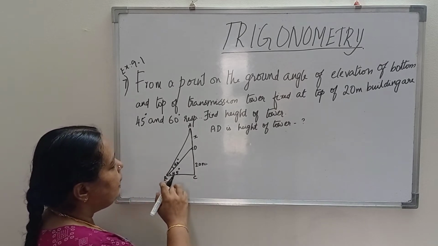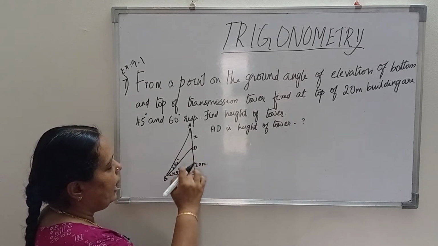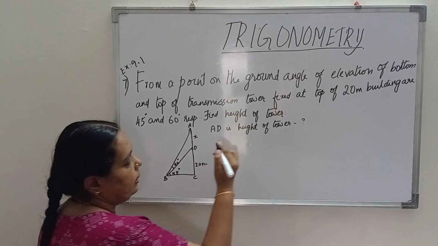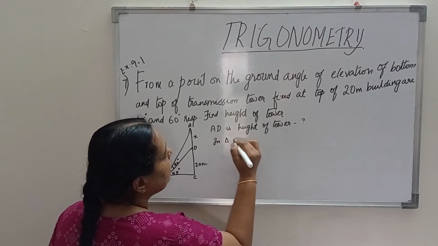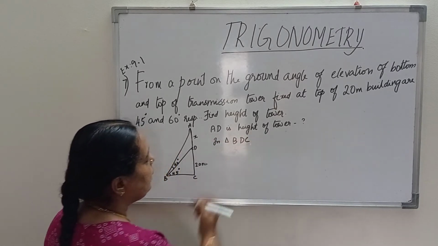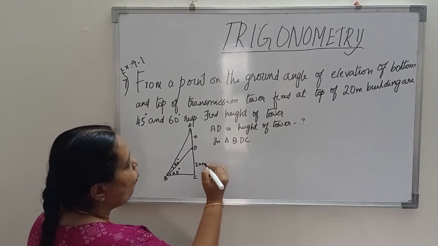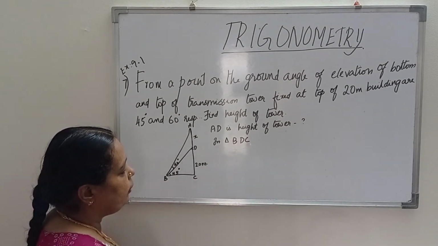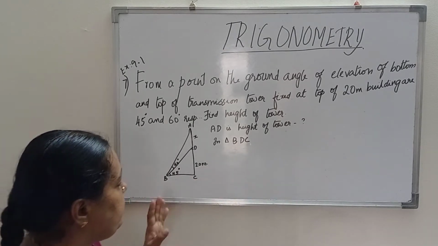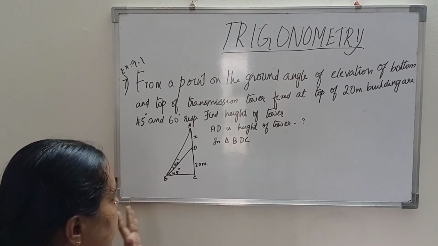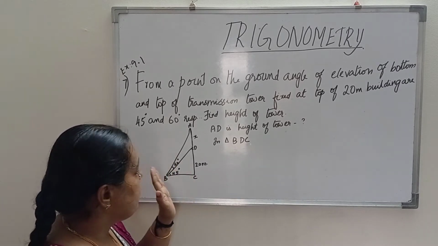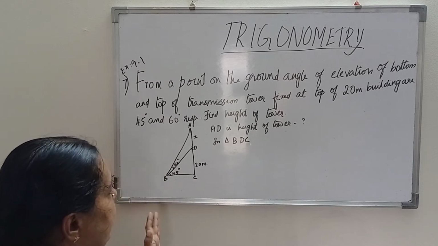First, let's consider triangle BDC. We first check what measurements are given and what is required, to decide whether to use tan, sine or cos.